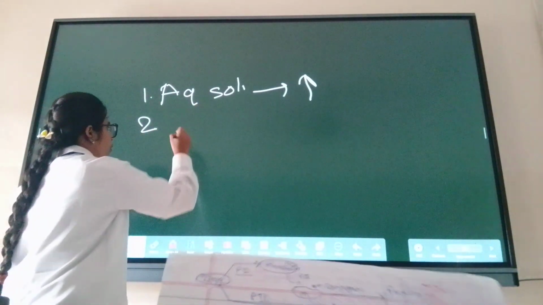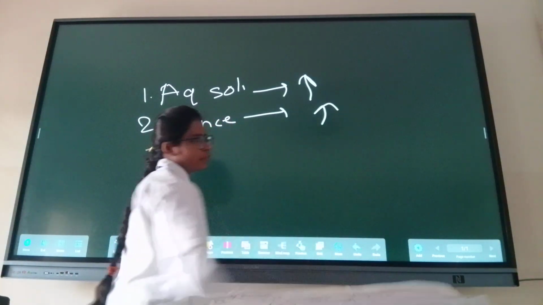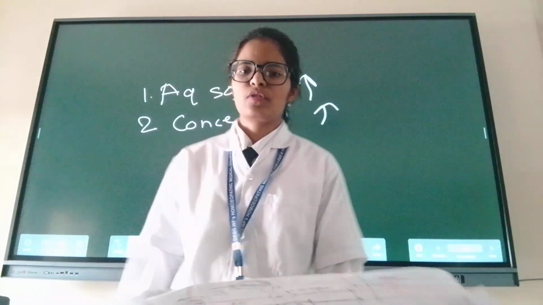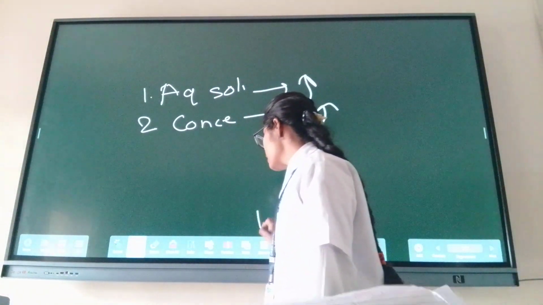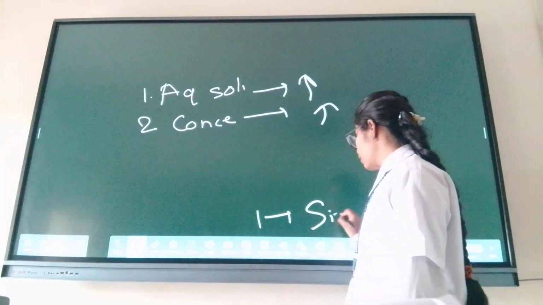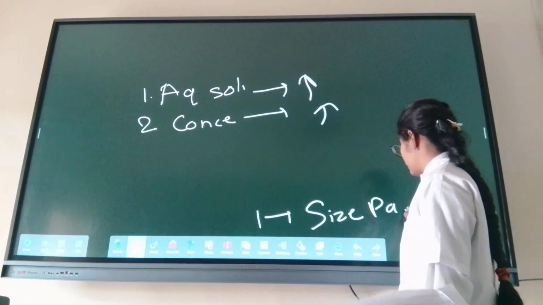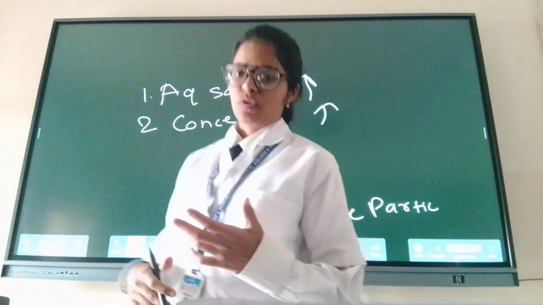Next is concentration of drug. The more the concentration, the more will be the absorption. This is also directly proportional. Everything is directly proportional. Only one thing is inversely proportional, that is the size of particle of the drug. The larger the size, the less will be the absorption.